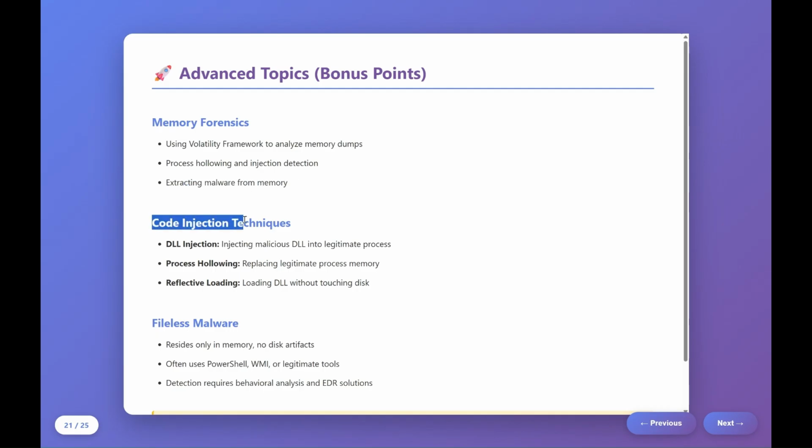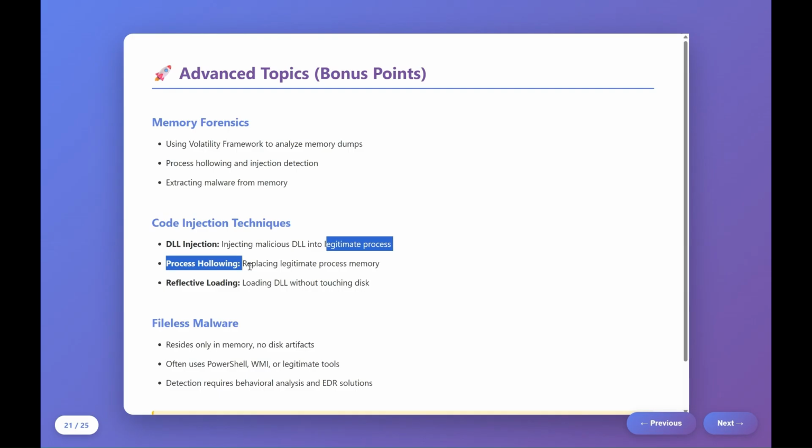Next we have code injection techniques. Number one, DLL injection. Malware forces a process to load a malicious DLL. It is very common in keyloggers, RATs, and info stealers. Number two, process hollowing. A legitimate process is started in suspended mode, its memory is replaced with malicious code, and then it is executed.